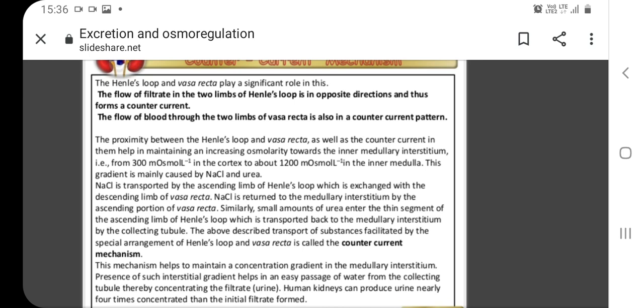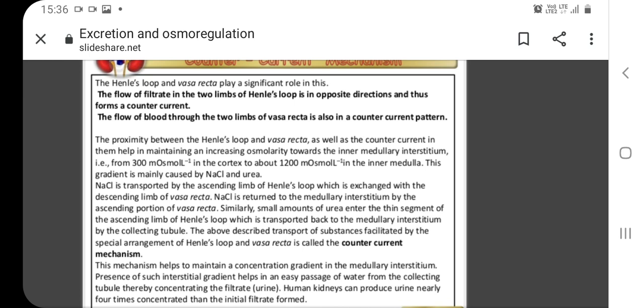The described transport of substances facilitated by the special arrangement of Henle's loop and vasa recta is called the counter current mechanism.